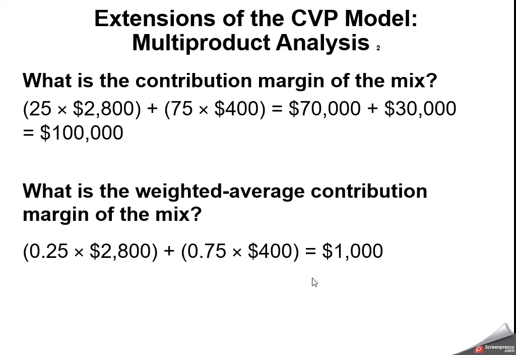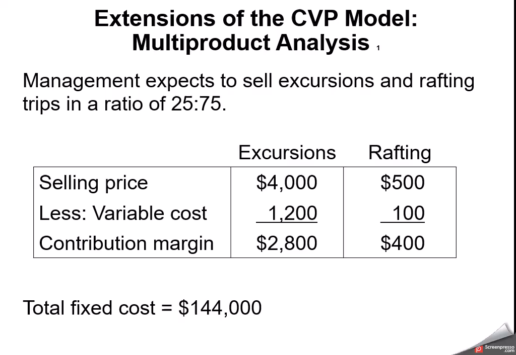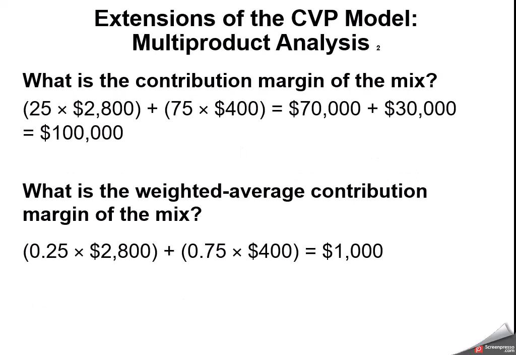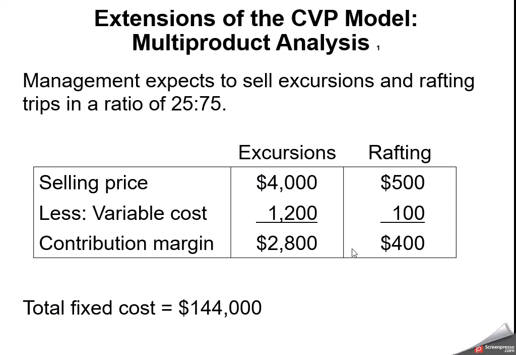So then what would be our contribution margin of the mix? So let's, again, go back there. We've got the 4,000 and the 500 as our two selling prices. Oh, sorry, those are not our contribution margins.